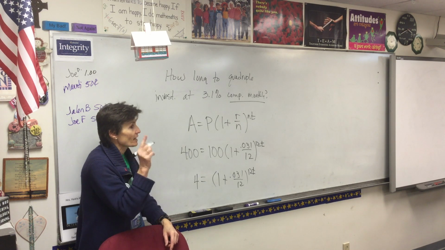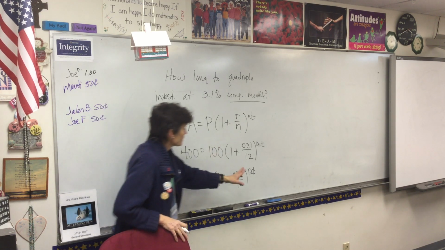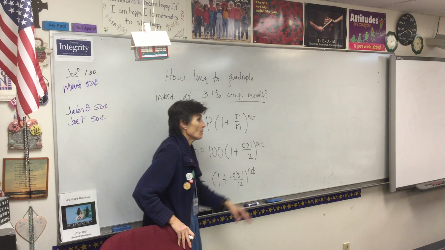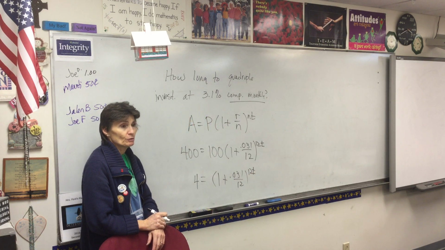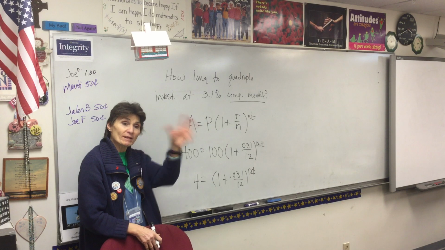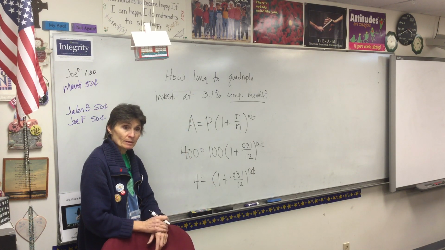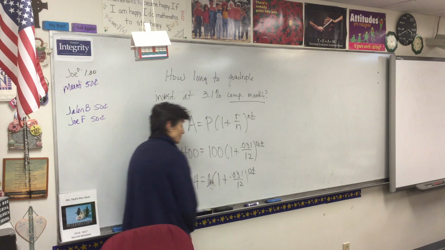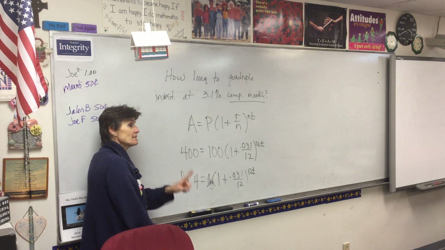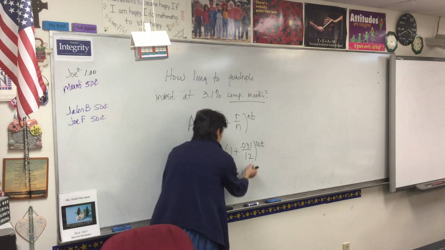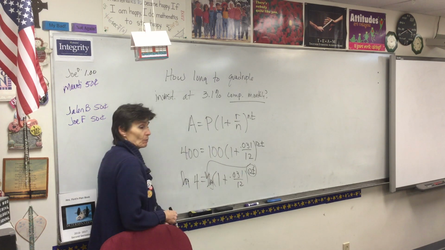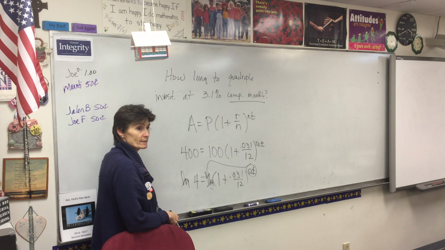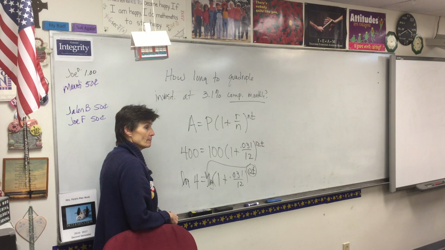Your variable is in the exponent. When your variable is in the exponent, you're gonna have to log it to bring that down. So I'm gonna take the logarithm of both sides. The reason you did that was to bring this down, so you can solve for it. You can't solve for it up there.